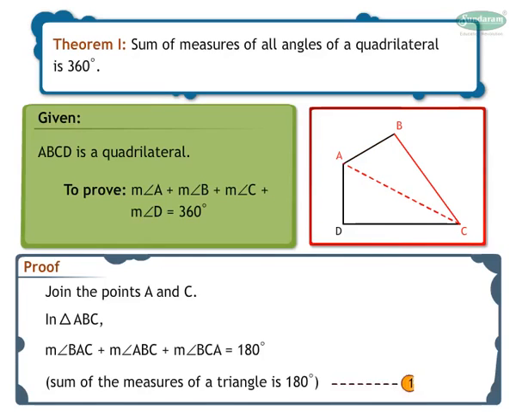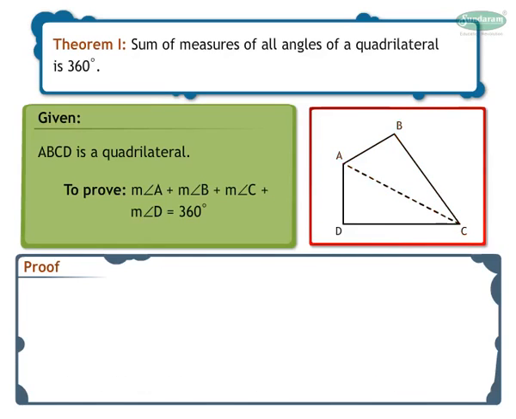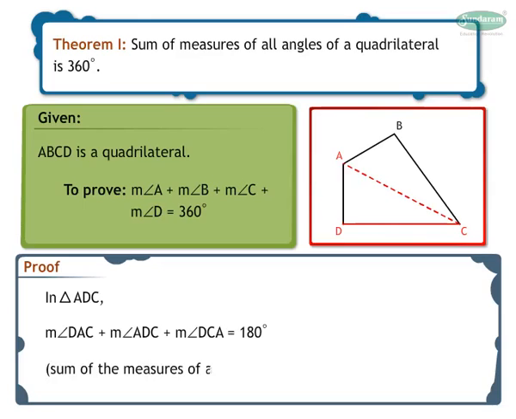Let us mark this as statement 1. In triangle ADC, measure of angle DAC plus measure of angle ADC plus measure of angle DCA is equal to 180 degrees, because sum of the measures of angles of a triangle is 180 degrees. Let us mark this as statement 2.